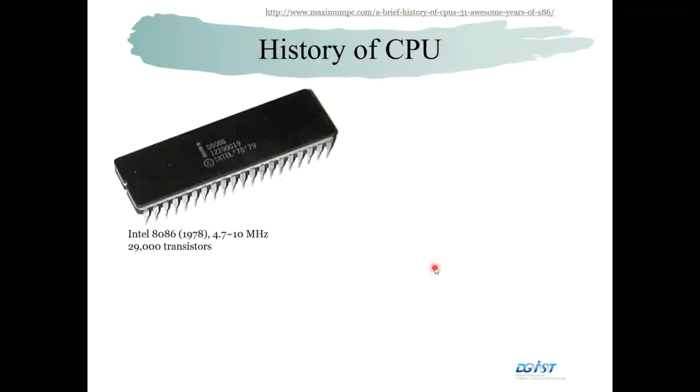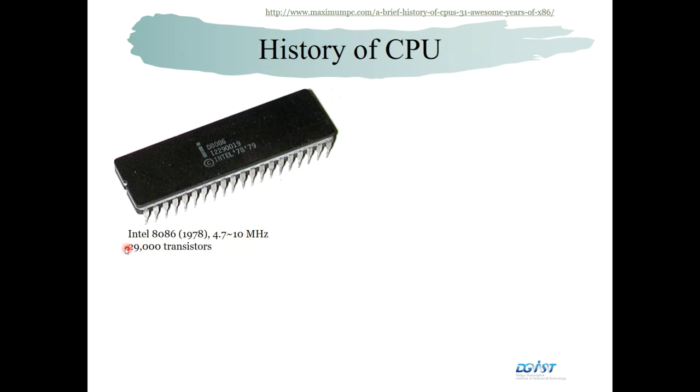So let me go back to a long time ago, in the sense of the history of the CPU. A very first common CPU, Intel's 8086, was born in 1978, and its operating clock speed is around 4 to 10 megahertz.